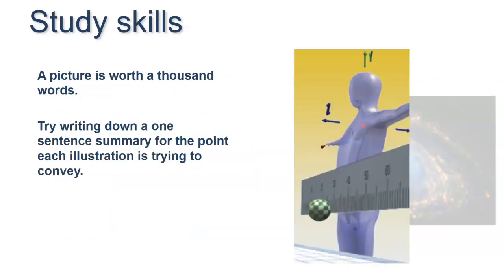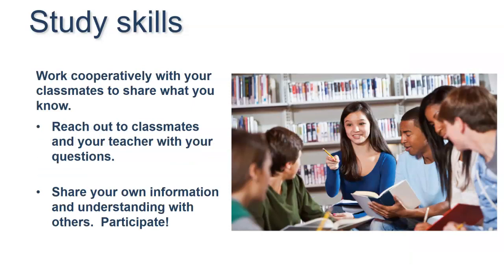Drawing pictures in physics is one of the most important things you can do. Not only will it help you with the math portion of things, it helps diagram out what your word problems are saying to you. You do not have to, but try writing down a one sentence summary for the point each illustration is trying to convey here.